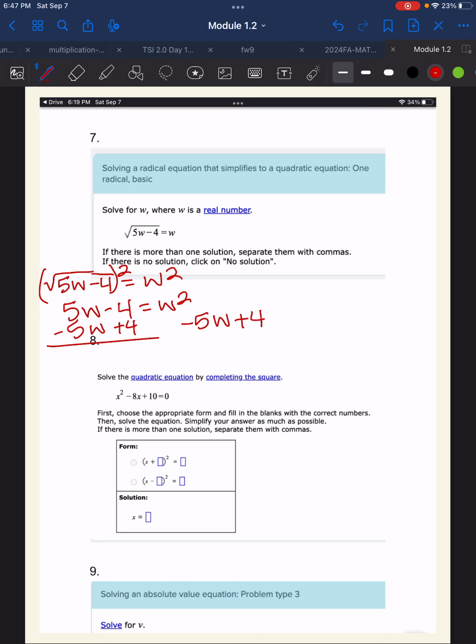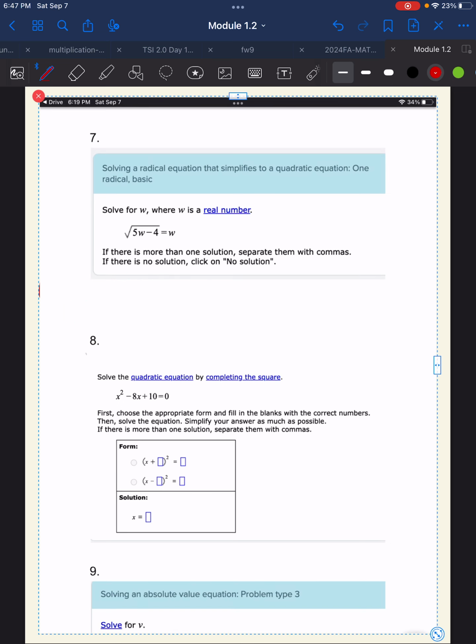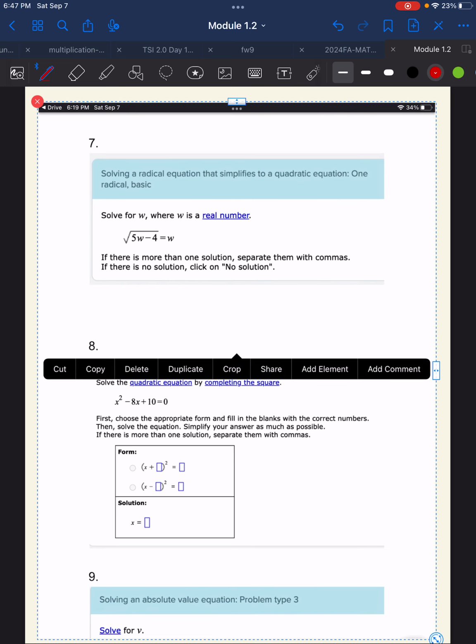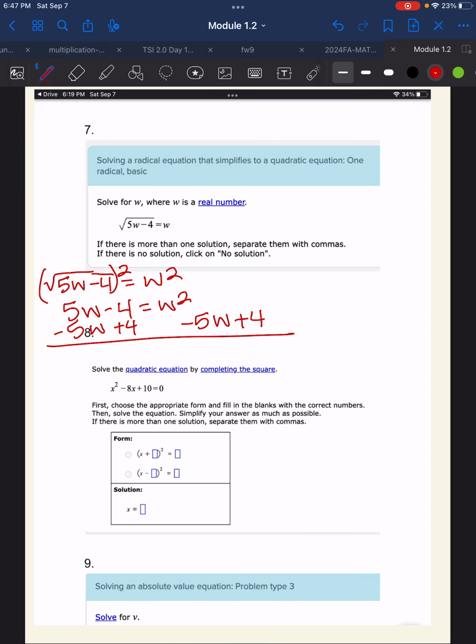And remember, we do the opposite when we move things over. So now this becomes 0 equals W squared minus 5W plus 4. And I'm doing that because I wanted to say W equals blah.